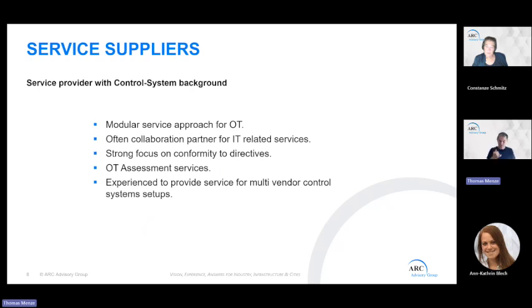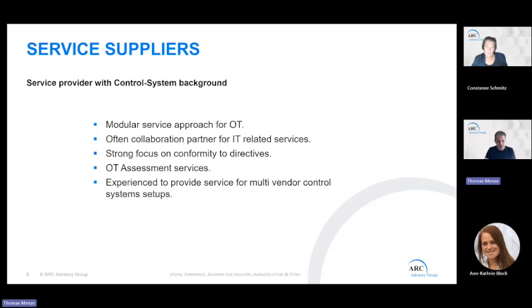They have a strong focus on conformity, because they see the pressure that their systems have to be in line with the new directives, and they help operators to do their bit. And they do OT assessments. That means, especially in plants that have been running for maybe 20, 25 or 30 years, it is important to get a good overview of what kind of assets are in my plant, because I can only protect what I know. And they help to get an overview, even for multi-vendor applications.